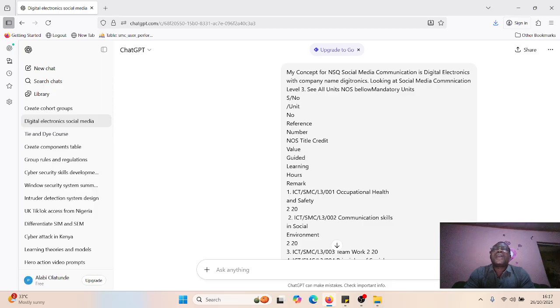If you are a mechanic or a welder and you want to do social media communication, express it: I am a welder and my company name is Welding Correct, for example. Then I can produce burglary, security doors, this and that. I can fabricate iron into different shapes. Express all the products you can produce, then it will give you the work plan using NOS.